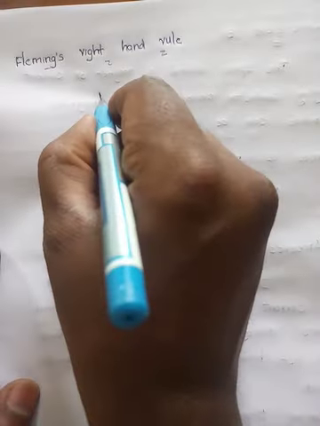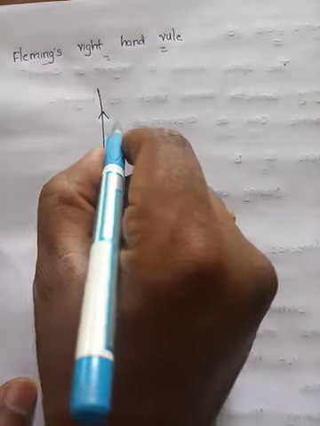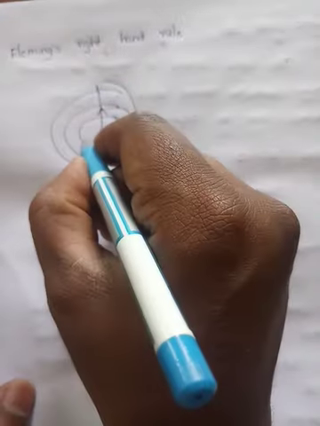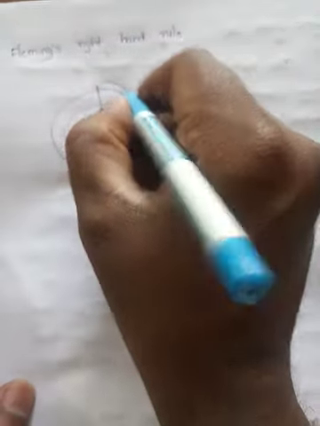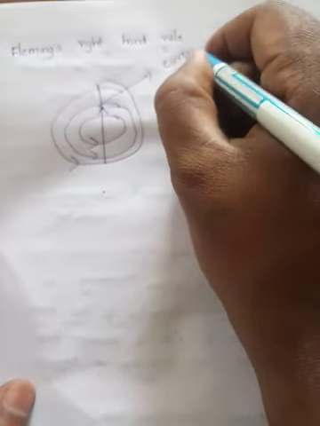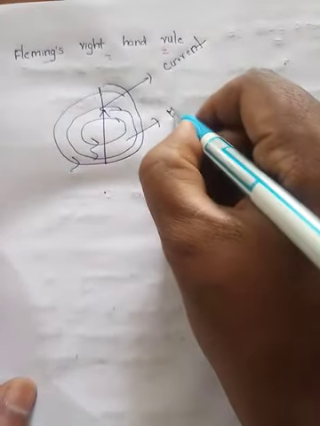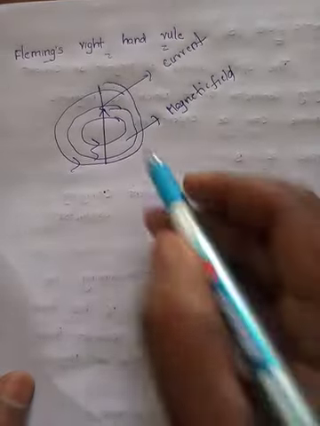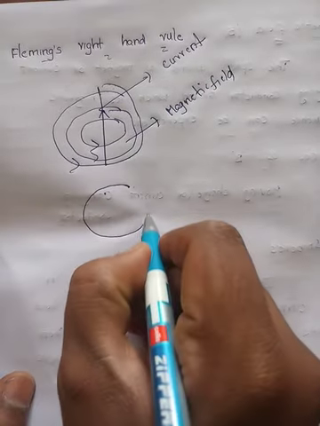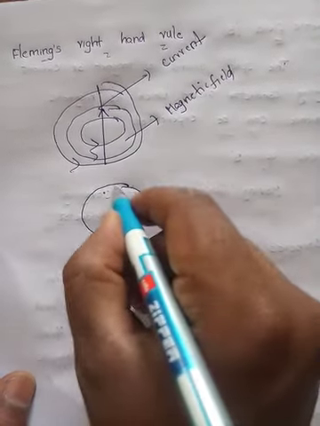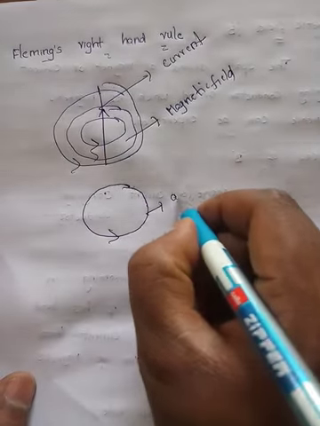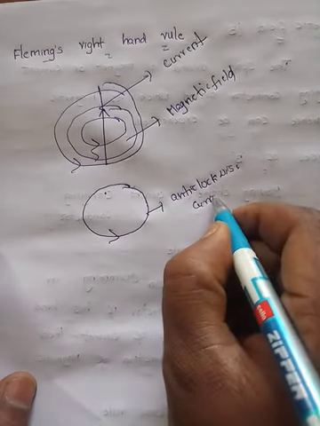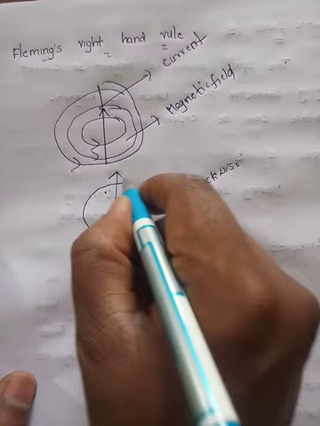So the thumb points along the current carrying conductor, and the curl of our fingers will be in the anti-clockwise direction. This is the direction of current and this is the direction of magnetic field. Here we can take a circular coil: if the current is anti-clockwise, then the magnetic field will be outwards.